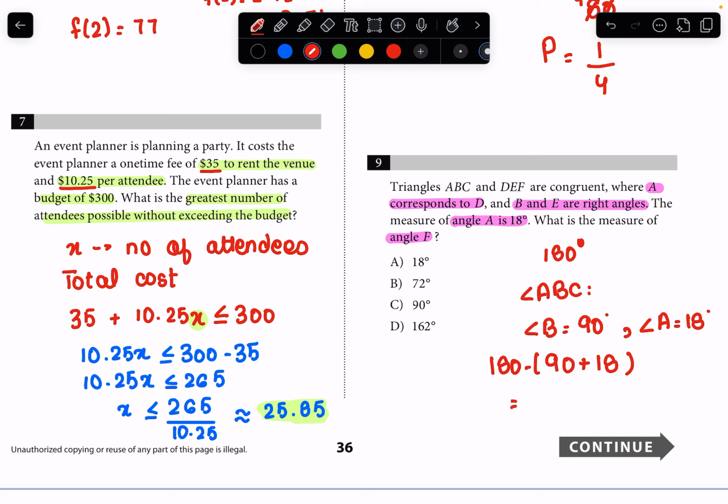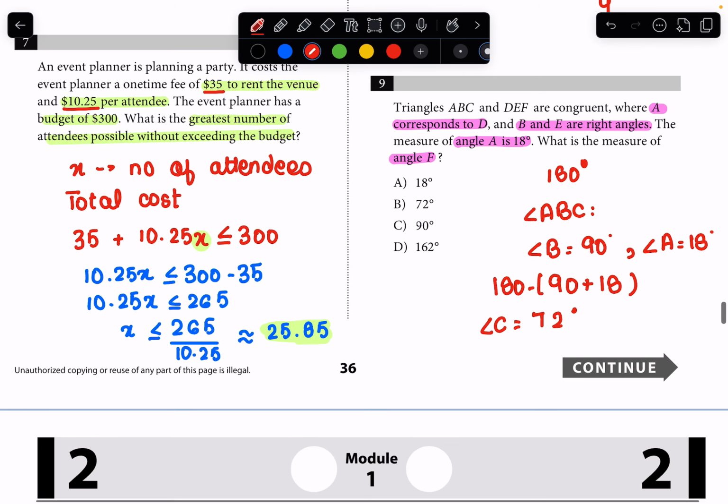That should give you 72. So we can state that angle C is equal to 72 degrees. Now, since the triangles are congruent, if angle C is 72, angle F would be 72 as well.